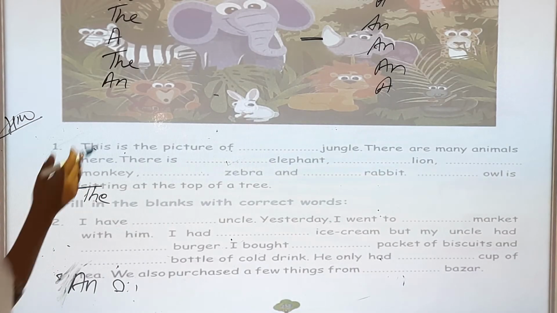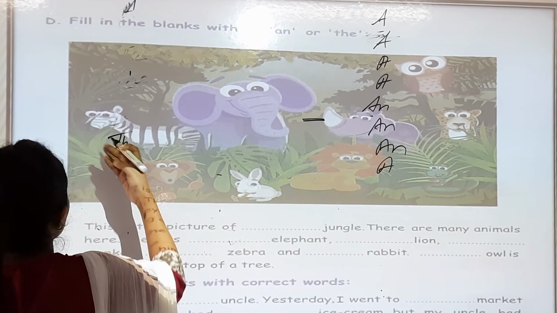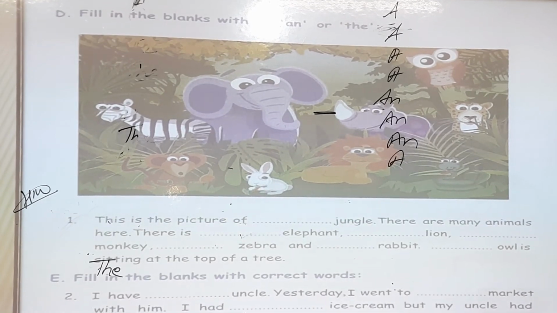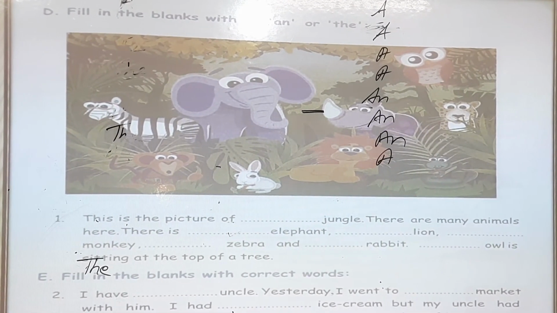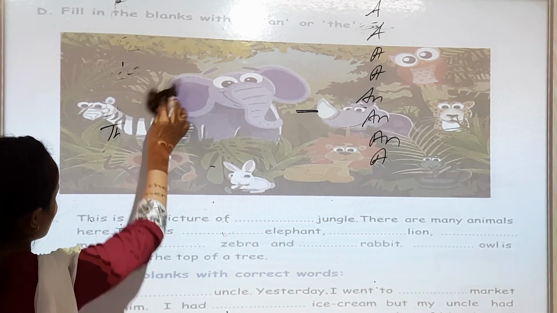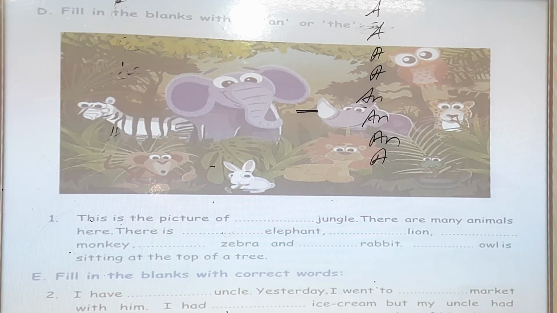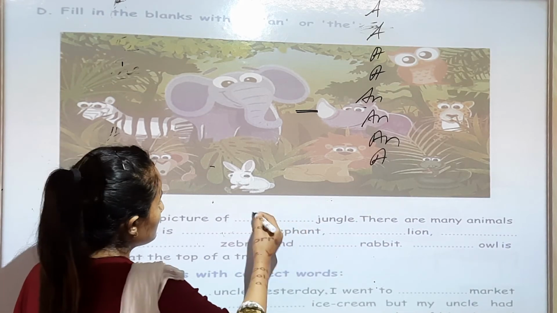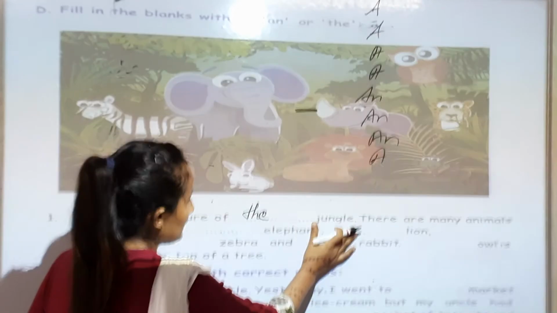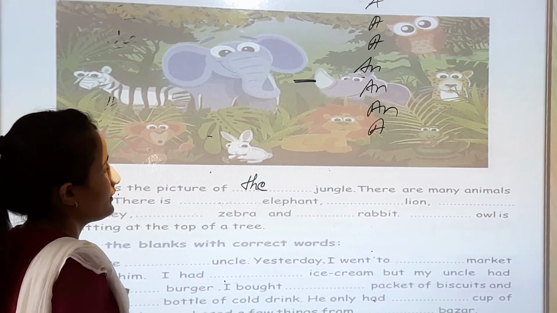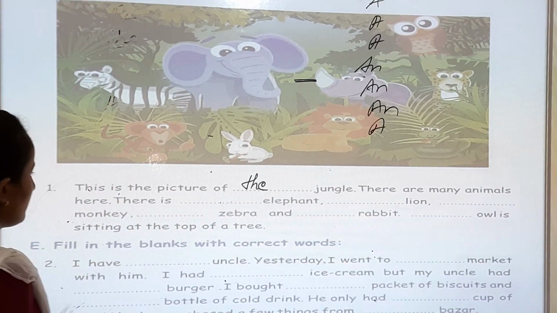Now on the next page, fill in the blanks with a, an, and the. This is the picture of the jungle, because of the place name. There are many animals here.